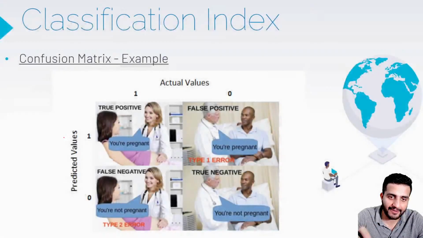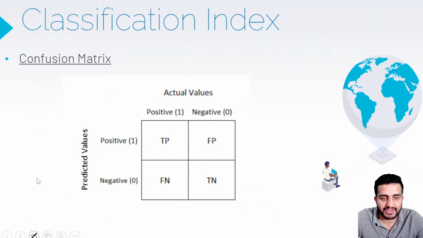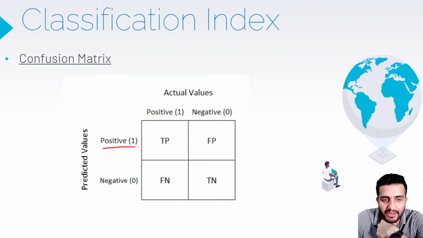So now let's go back to this simple slide. Okay, I'm going to remove the ink from here. Just a minute. Now let's try to see this. What is my predicted class here? This is what I have predicted as positive, right?